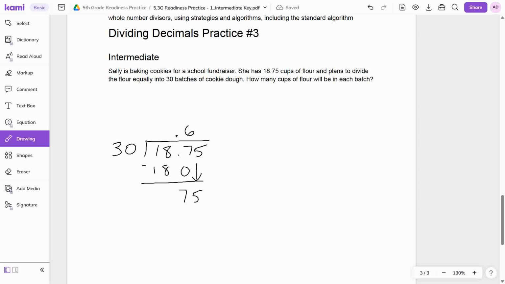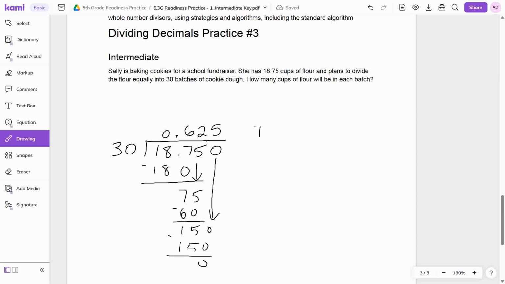Now, since it's got a decimal, let's put a 0 up front. We know we at least want a 0 placeholder in the ones place. So 30 goes into 75 twice. That's 60. So that's 15. Add a 0 in the thousandths place, and you see we're going to be able to get into that real quick. 5. So how many cups of flour will be in each batch?